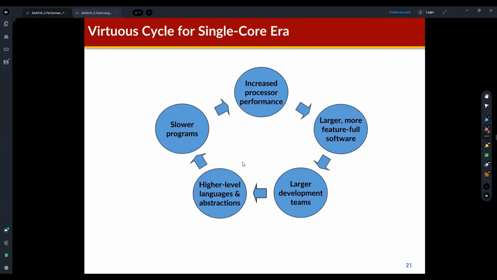So this is the typical cycle for computer systems and software enhancement. We start from a slow program. If the execution time is very long and the performance is very low, then we need to increase the performance of the system. But this is the workload, the existing workload.